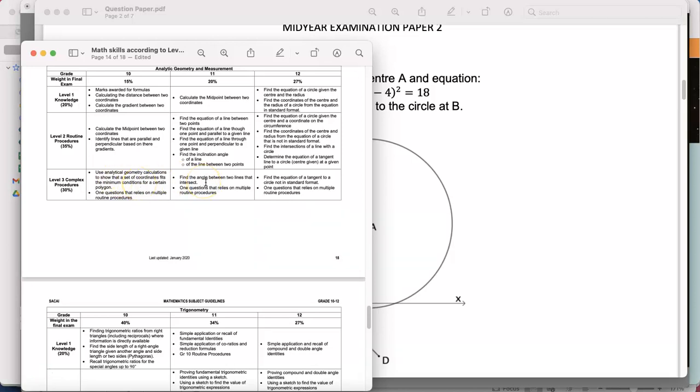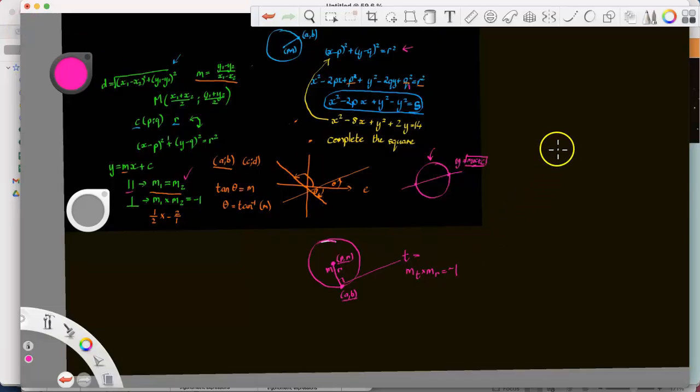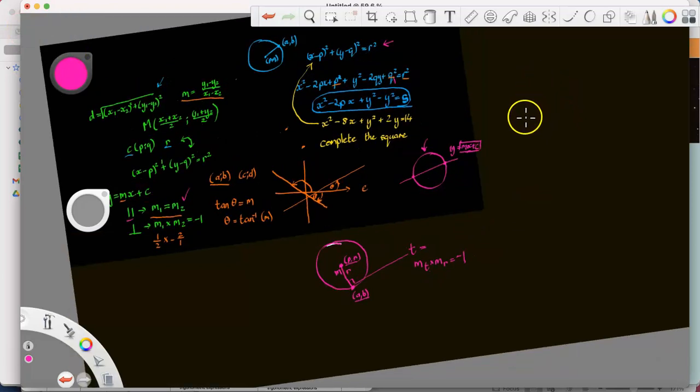Then in grade 11, you may have to find the angle between two lines that intersect. So just to find the angle between a line and the x-axis, in other words, the inclination angle, you just use the formula. So it's straightforward application. But what if I have to find the angle between two lines?